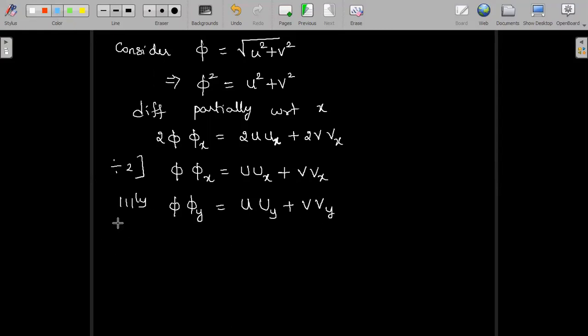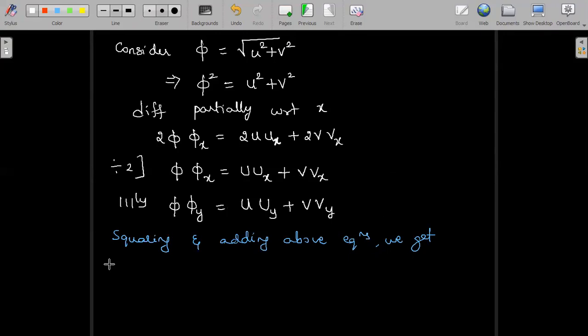Squaring and adding above equations, we get, let us square and add them up one by one. So squaring terms, phi x. Sorry, it is phi square phi x square plus phi square phi y square. Right hand side whole square plus whole square.